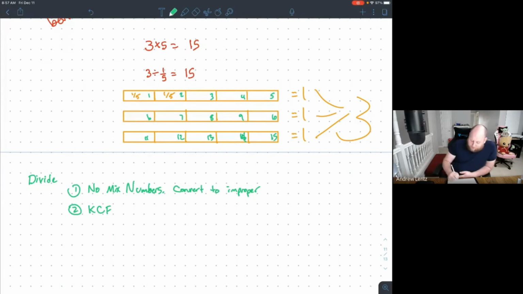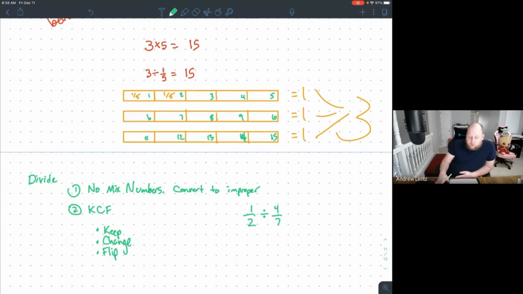So I have a fraction. My fraction is 1/2 divided by 4/7. KCF stands for keep, change, flip.